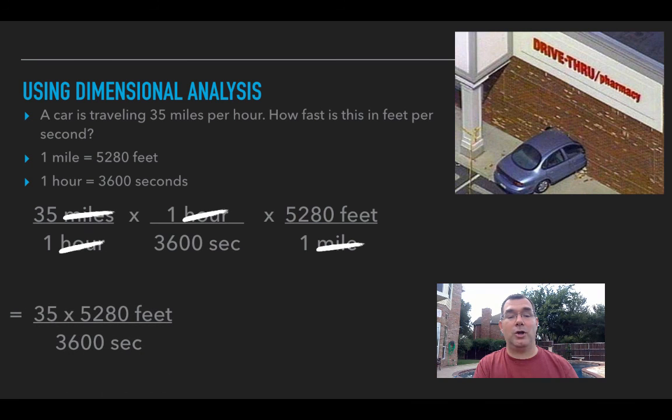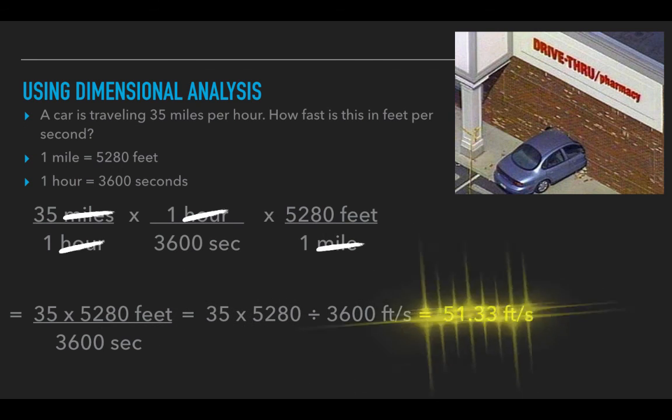Okay, so looking at the numbers on top, I've got a 35 and a 5,280, and I've got 3,600 on the bottom. So if I figure out just the number part, that is 51.33, and my units end up being feet per second. So going 35 miles per hour is the same thing as going 51.33 feet per second.